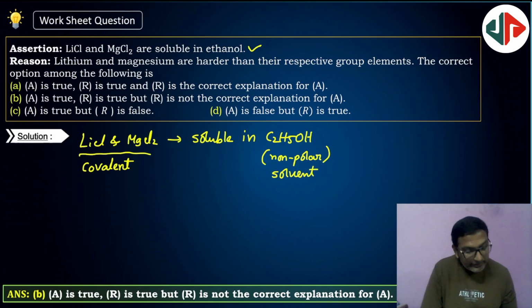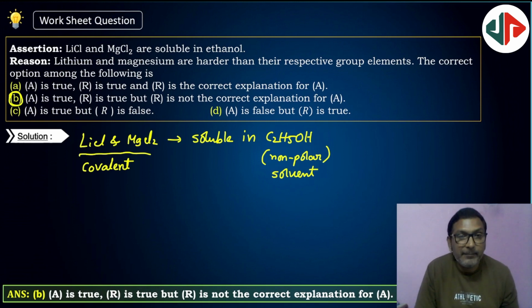Which is correct. Next, lithium and magnesium are harder than the respective group elements. Due to more metallic bond strength, that is also correct. So the option will be both are correct, but the reason is not a correct explanation. Therefore, option B. There is no relation between assertion and reason.